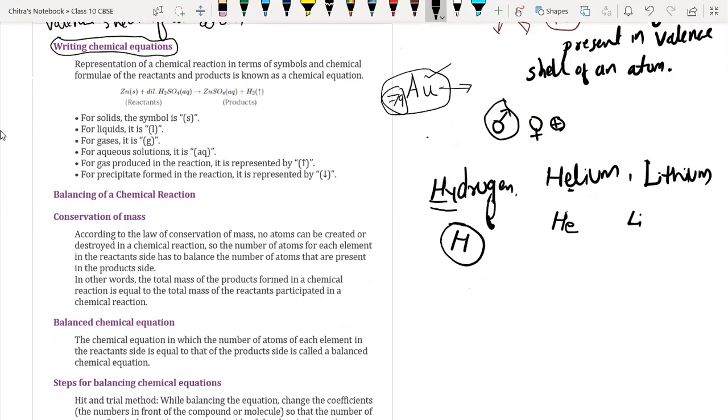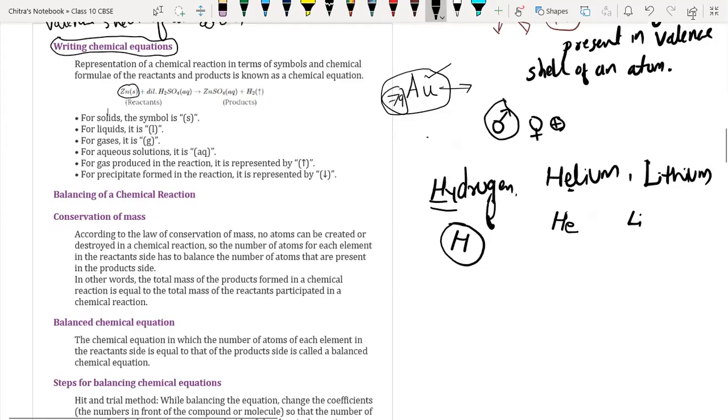We discussed it in our last lecture, is it or not? Yes, sir. Okay, so we have discussed the word equation as well as the chemical equation. So see, it is Zn. Zn is the symbol to represent zinc.